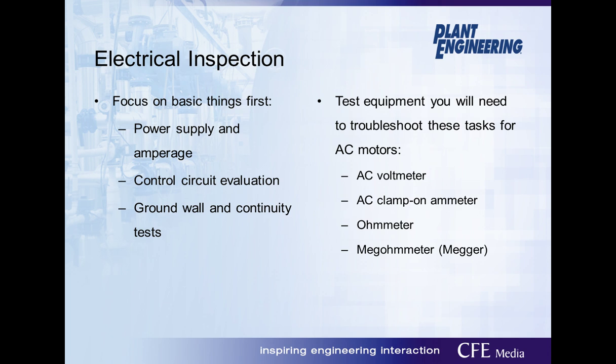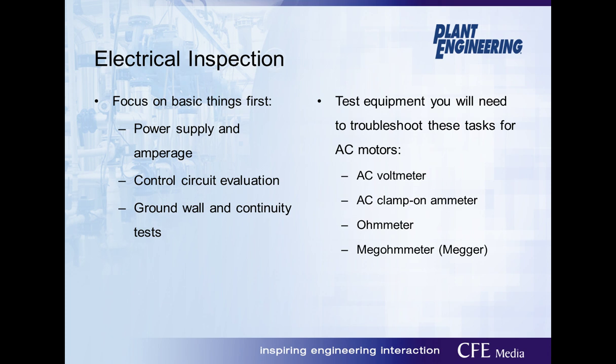By doing this, you can eliminate any possible broken power cables that are running in conduit or underground. If the continuity test fails, disconnect the incoming power cable at the motor and perform the test again between each phase of the motor to pinpoint if the failure is in the motor or in the power cables.